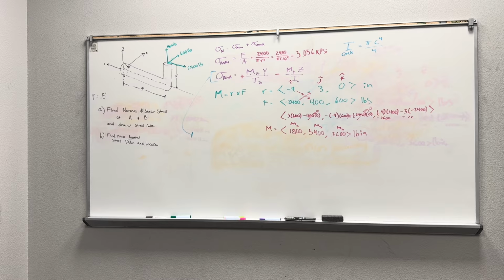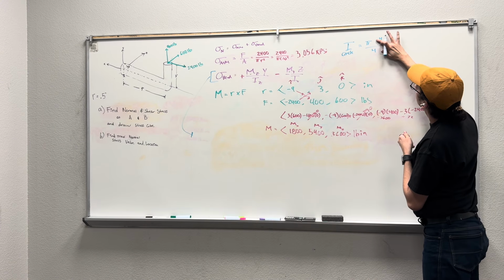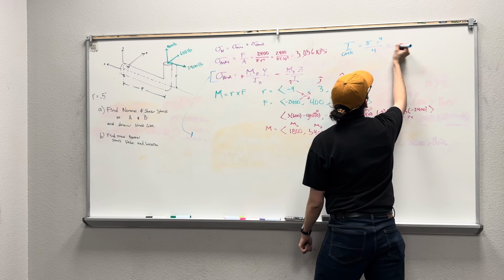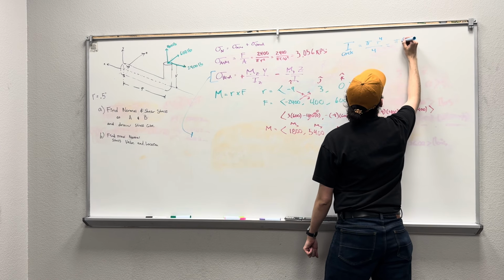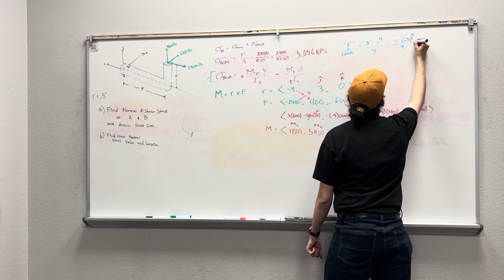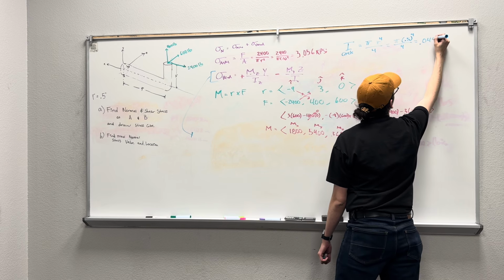Yeah. In this case, C is going to be the radius. So when I plug this in, I should be getting pi times 0.5 to the fourth over 4, which gives me about 0.0491.